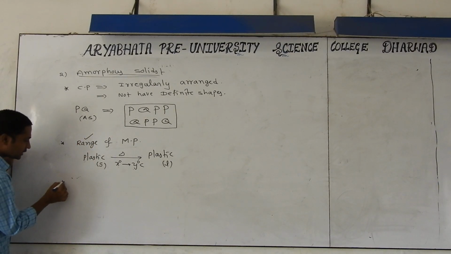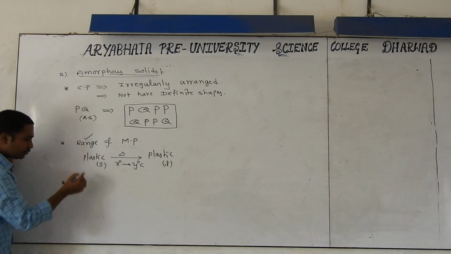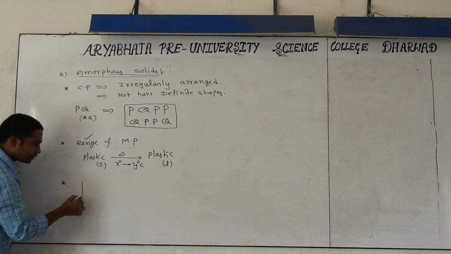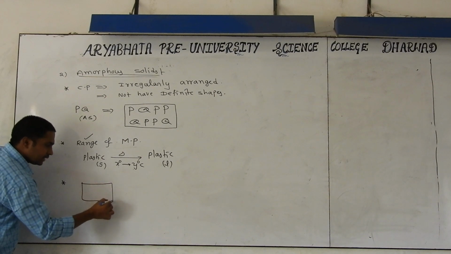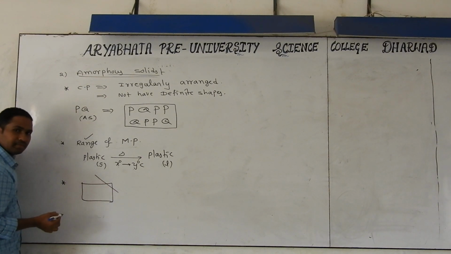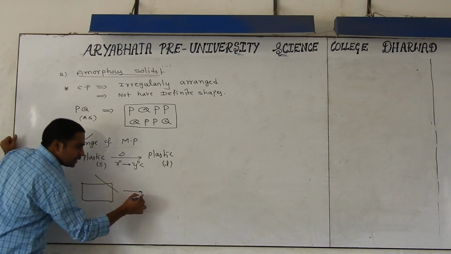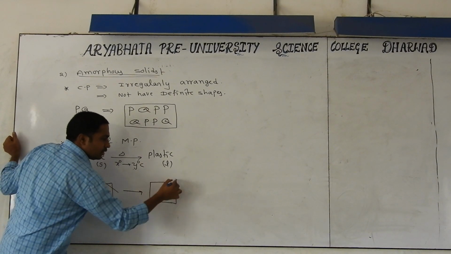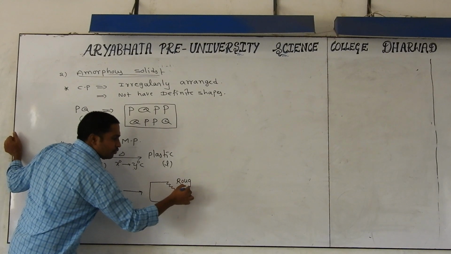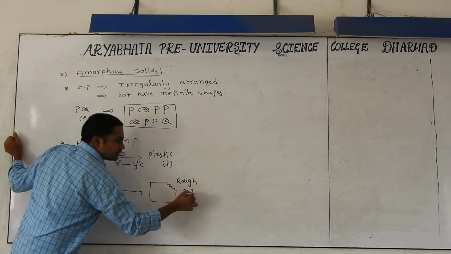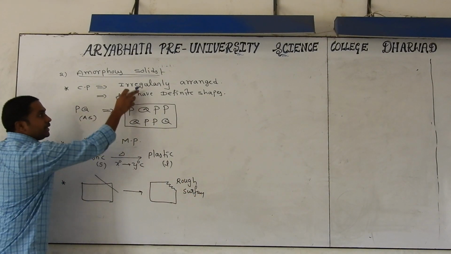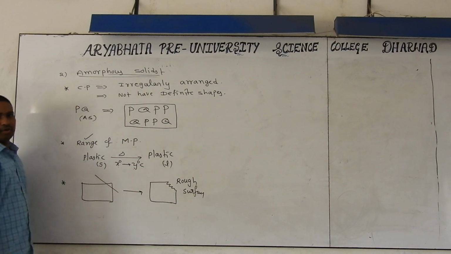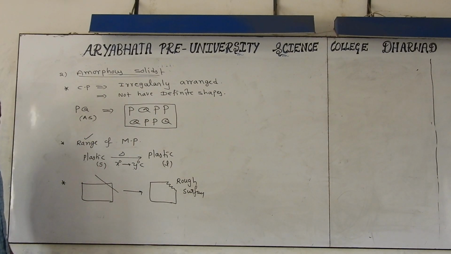And we have to discuss some more important things. If you take amorphous solids and cut them with a sharp tool, what happens? We get rough surfaces. Why are we getting rough surfaces? Because of the irregular arrangement of the constituent particles.